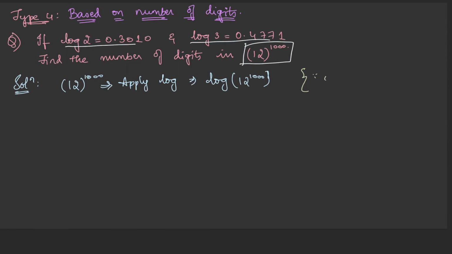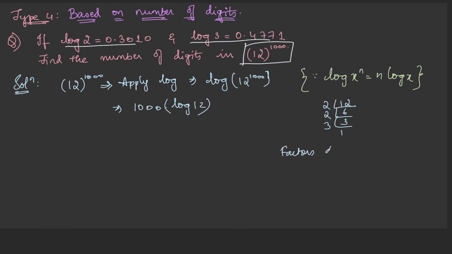We can use the formula log of x power n equals n log of x. Then we get 1000 into log 12. What are the factors of 12? Factors of 12 are 2 square into 3. So let's replace 12 with 2 square into 3: 1000 into log of 2 square into 3.